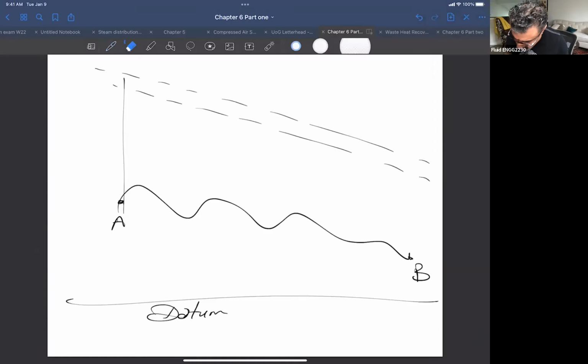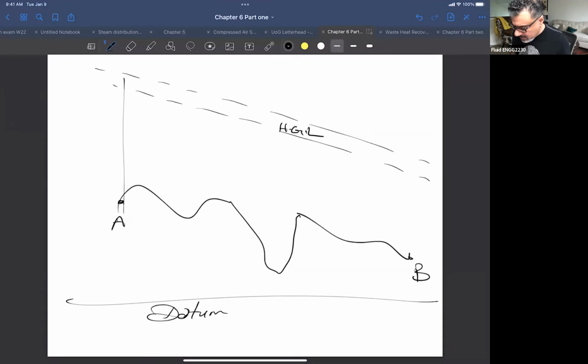Let me exaggerate a little bit. So for example, this is a hydraulic gradient line, and any point on the pipe is far from the hydraulic gradient line by the pressure over gamma, right? So you can see the pressure here is, let's say, this value.